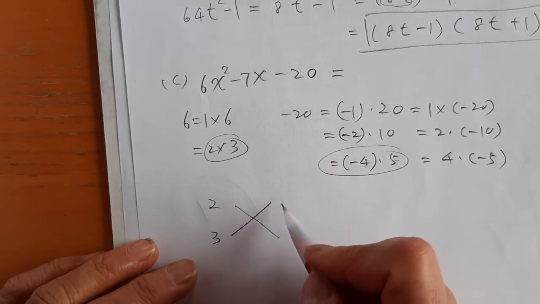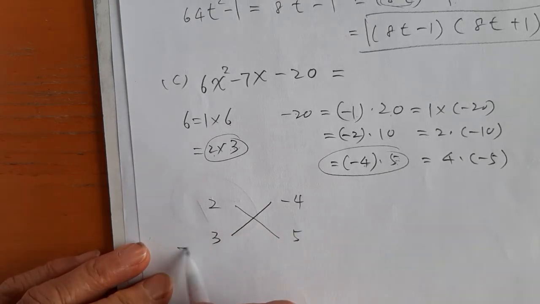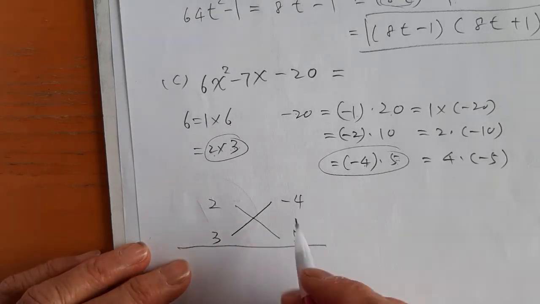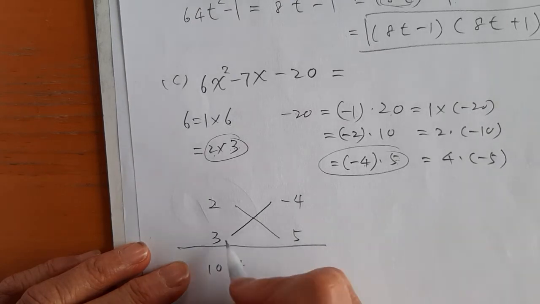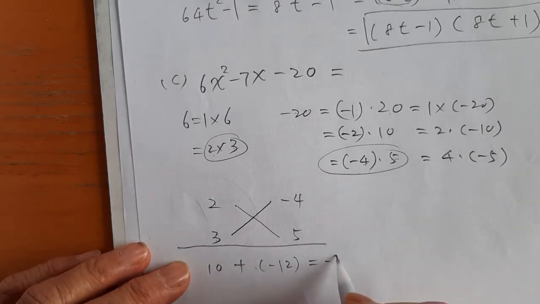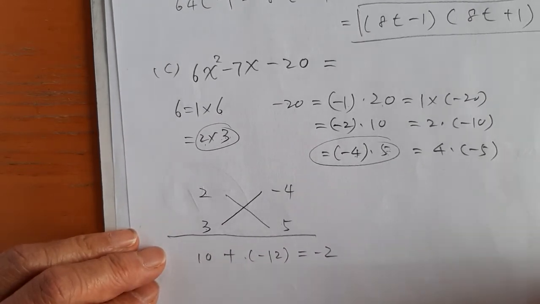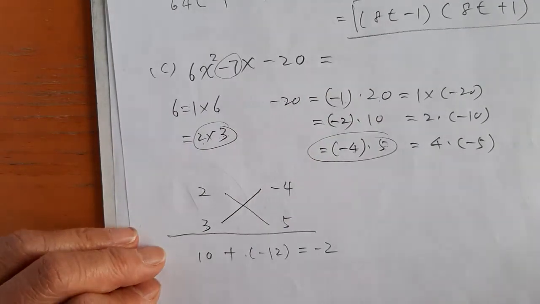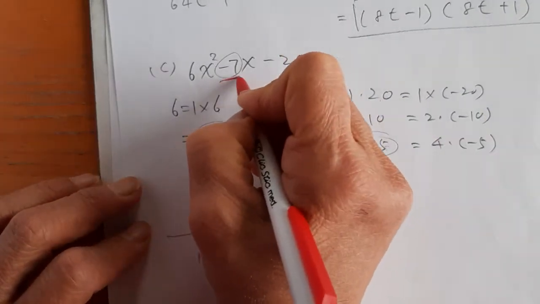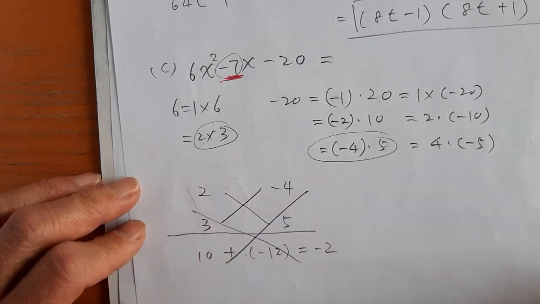So choose 4 and 5. Then cross multiplication, 2 times 5 is 10. Add together 3 times negative 4 is negative 12, and you got negative 2. You got negative 2, but we want negative 7. The middle coefficient is negative 7. So this is not the right one.